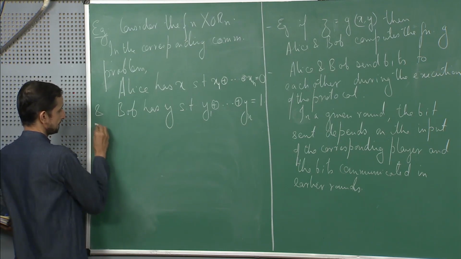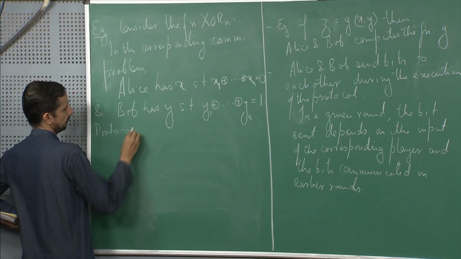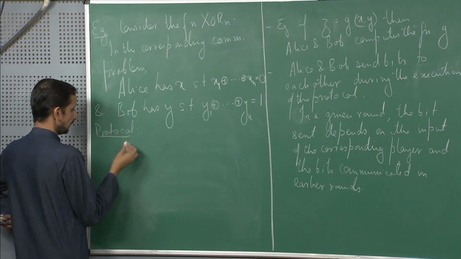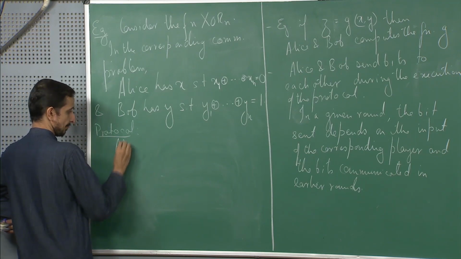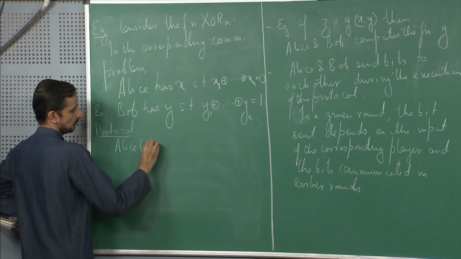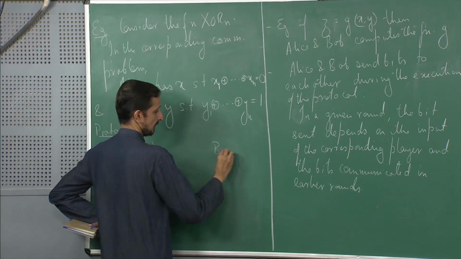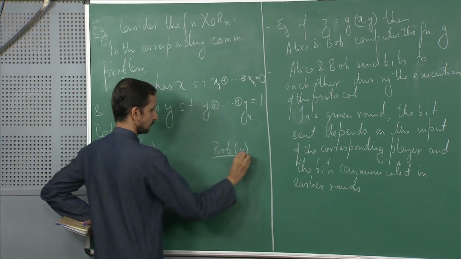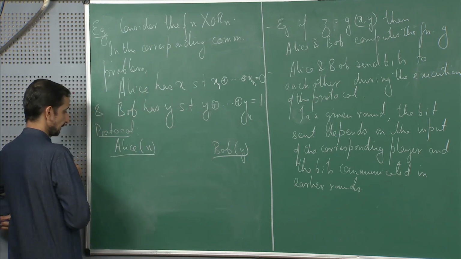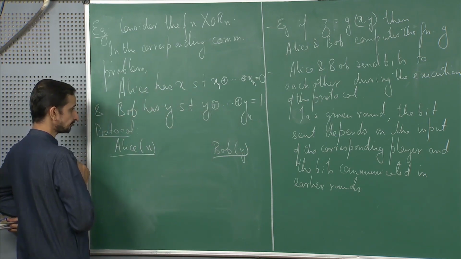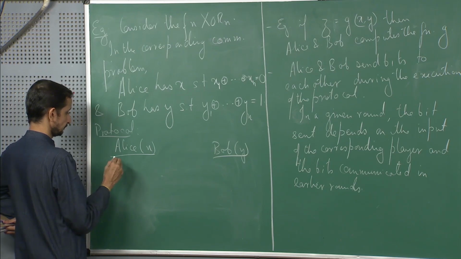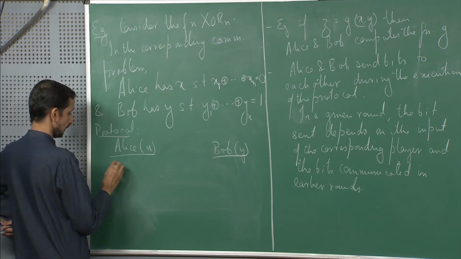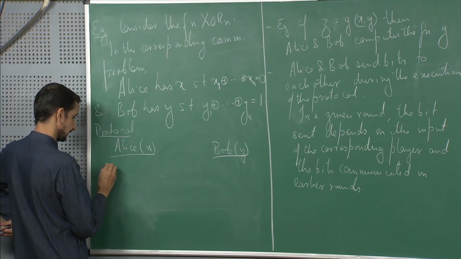Here is the protocol. Let's say that Alice has x and Bob has y. Let's say Alice begins.